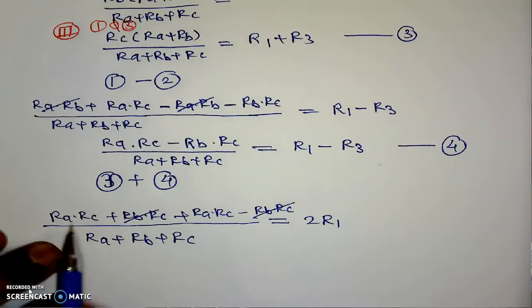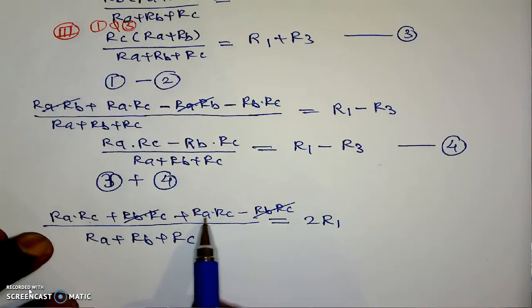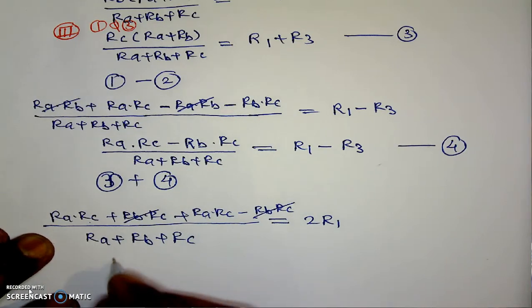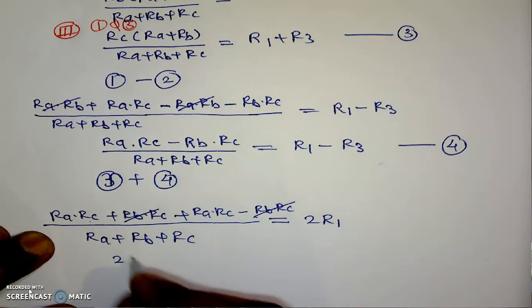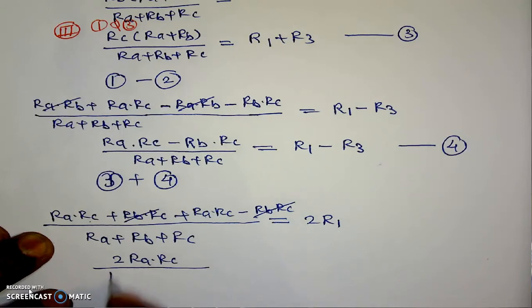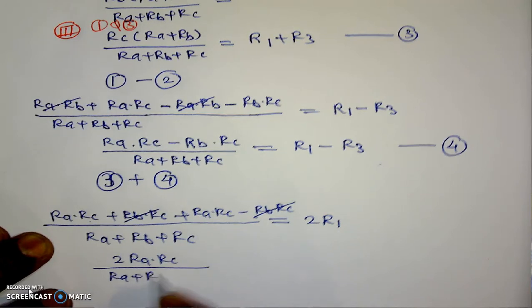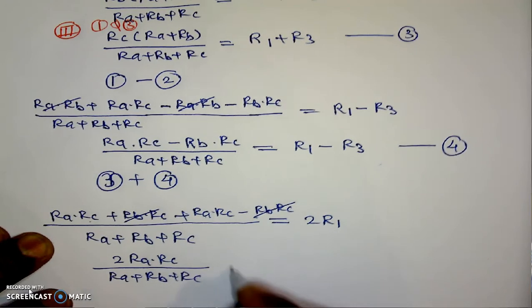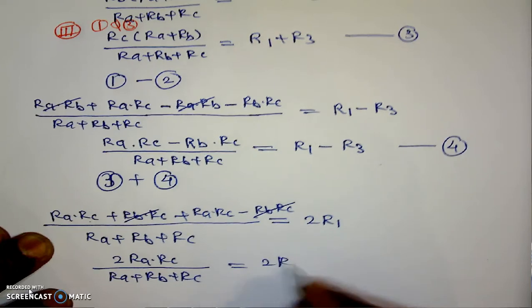So here it is RA into RC plus RA into RC, that means 2 RA into RC, this total divided by RA plus RB plus RC, which is equal to 2R1.